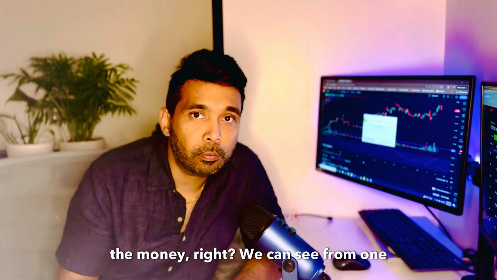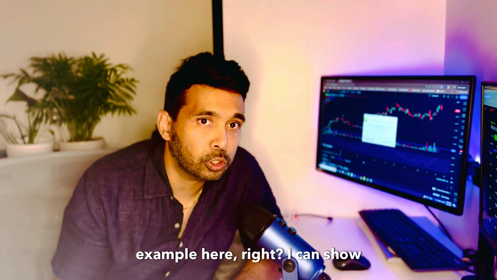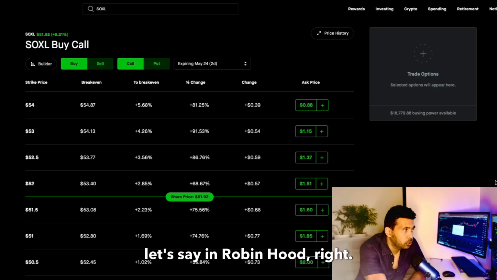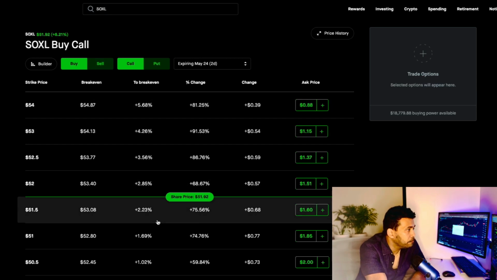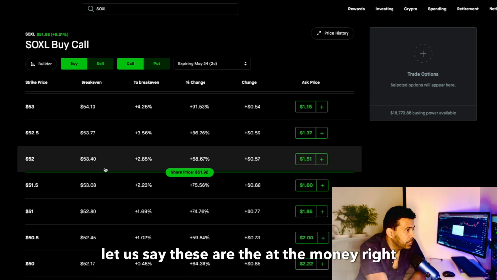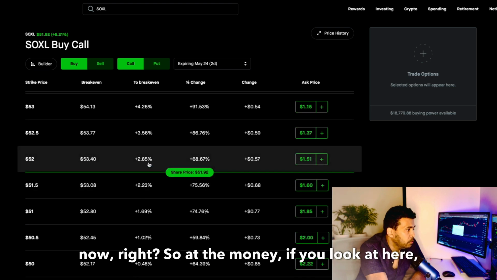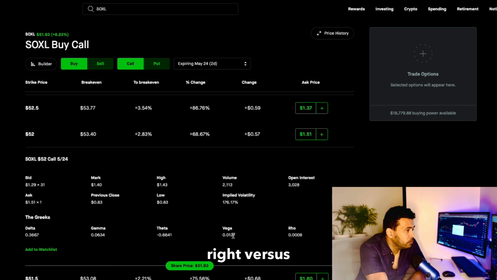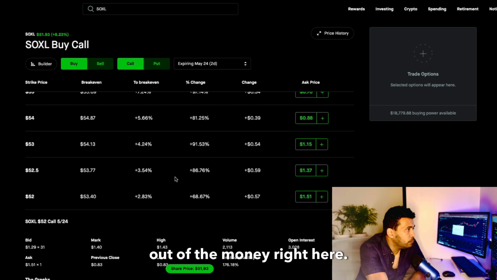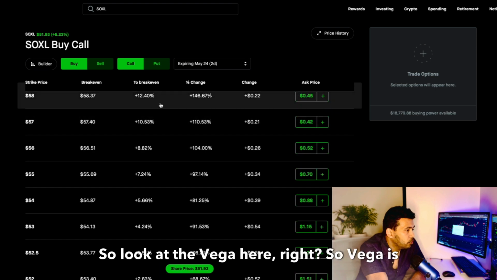We can see from one example here. I can show, let's say, in Robinhood, this is SOXL, and let's say these are the at the money options right now. If you look here, you will see the Vega amount here, versus if you go somewhere out of the money, right here. Look at the Vega here.